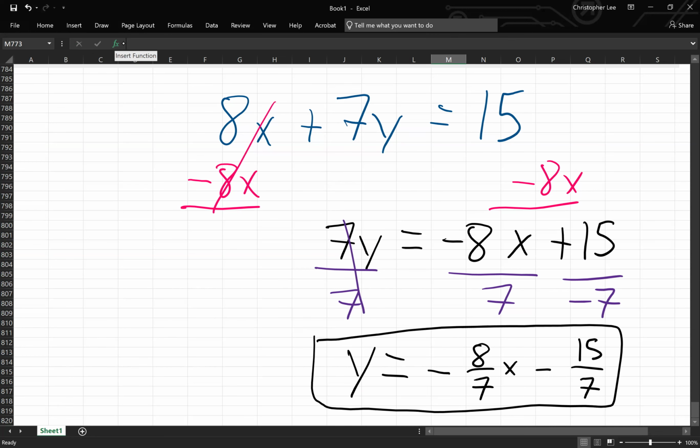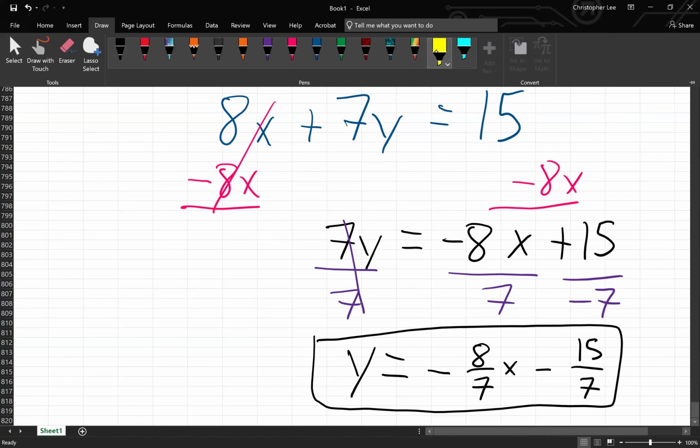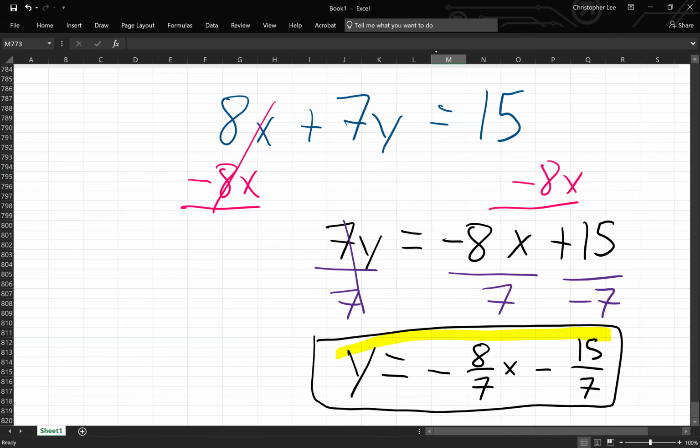If you want to subtract the 7y first, you could, but you're creating more work for yourself. Because remember, my goal is to solve for y, so that's the one thing I don't want to touch. I don't want to touch what I'm trying to solve for. And that's it.